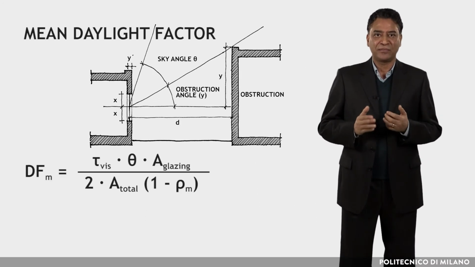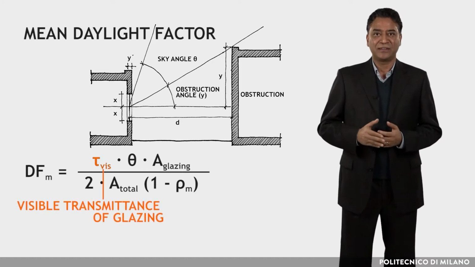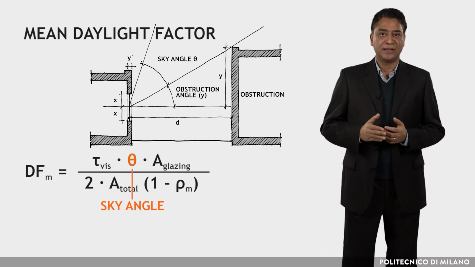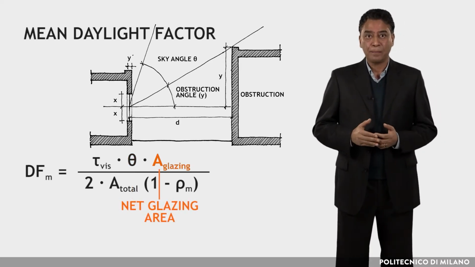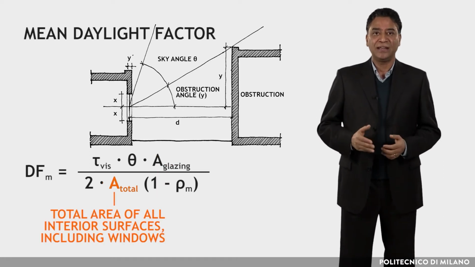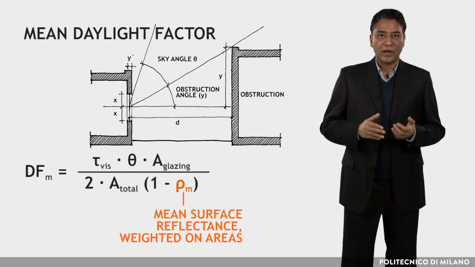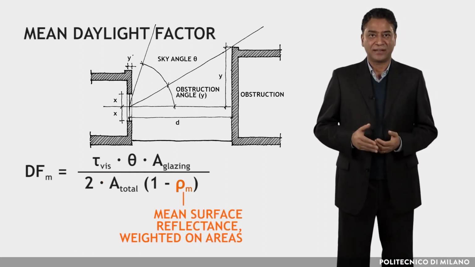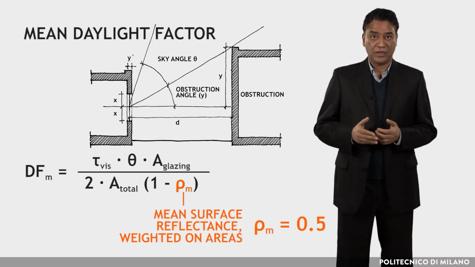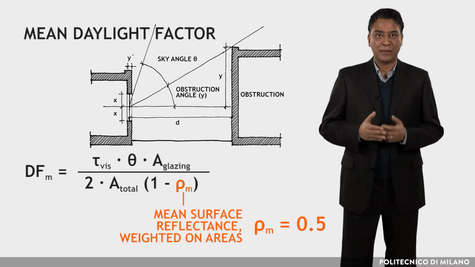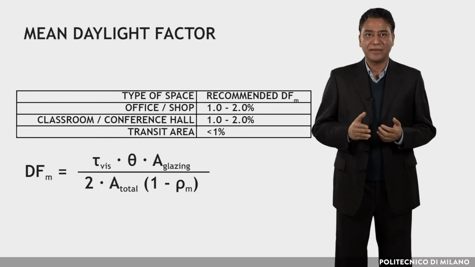It can be estimated with this formula, where tau is the visible transmittance of glazing, theta is the sky angle, A glazing is the net glazing area, A total is the total area of all interior surfaces including windows, and rho m is the mean surface reflectance weighted on area, and generally it can be taken as 0.5 as a first approximation. In the tables, some examples of recommended values of daylight factor are shown.